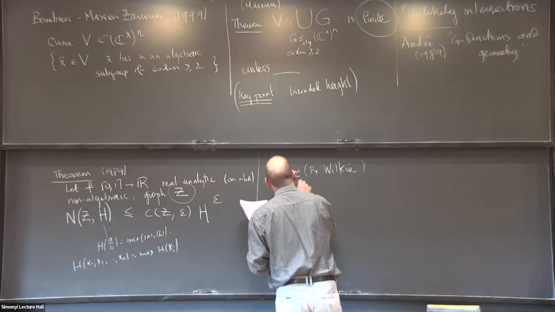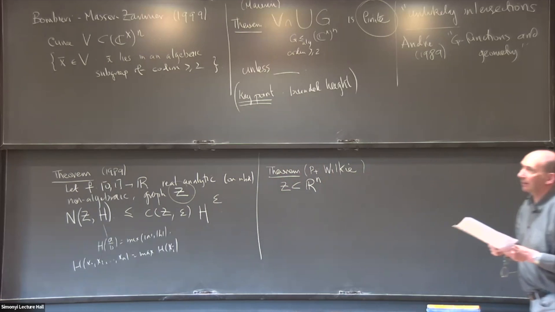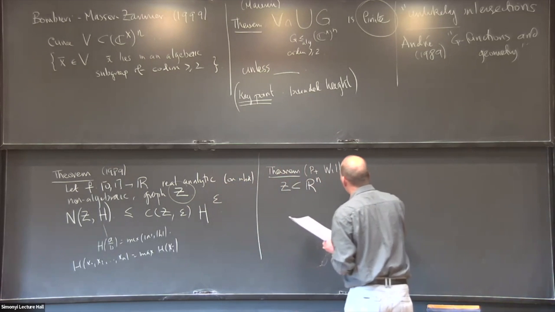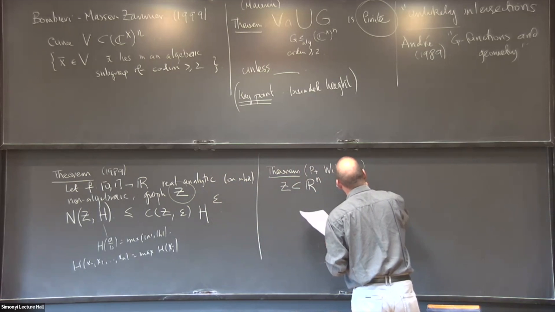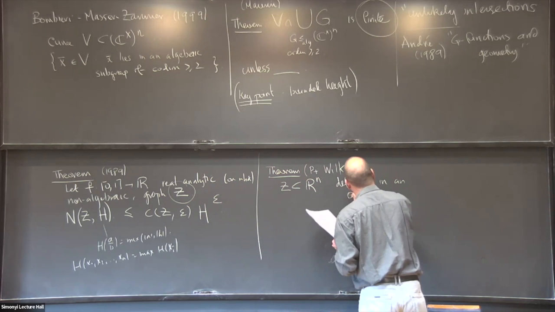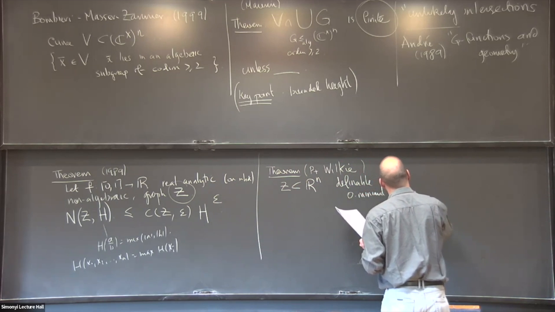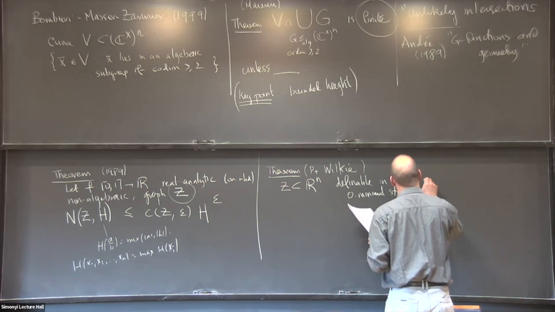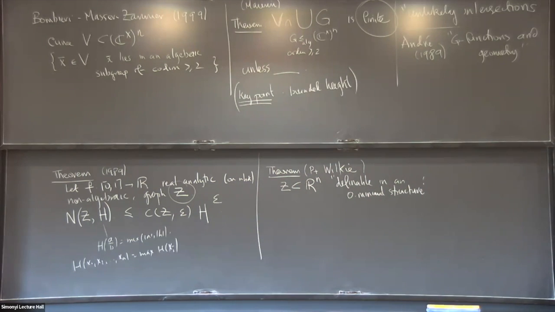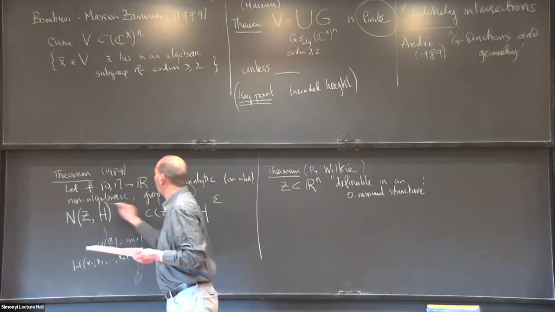Where we take a set in R to the N, and instead of real analytic, we take something definable in an o-minimal structure. I won't give a formal definition of that. It includes higher dimensional analogs of this.